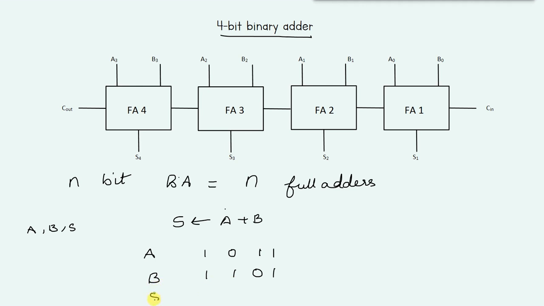Consider this. Then we'll have the sum. Initially the Cin value is always 0 for a binary adder.